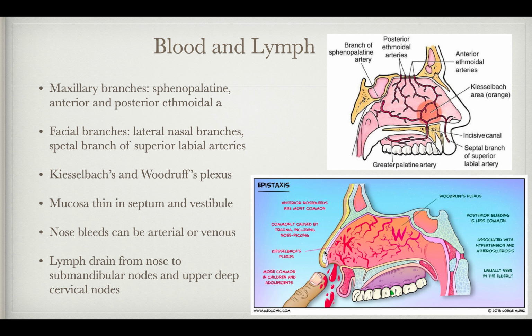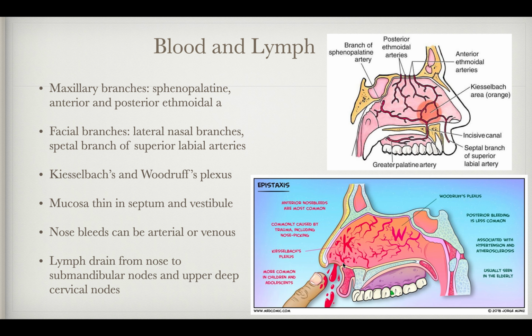If it's just a dried out mucosa, when you live very far up north and the weather is very cold and very dry, it's usually venous bleeding. If it's a trauma, like you got punched in the face, that's usually arterial blood. So a nosebleed, the technical medical term is going to be epistaxis.